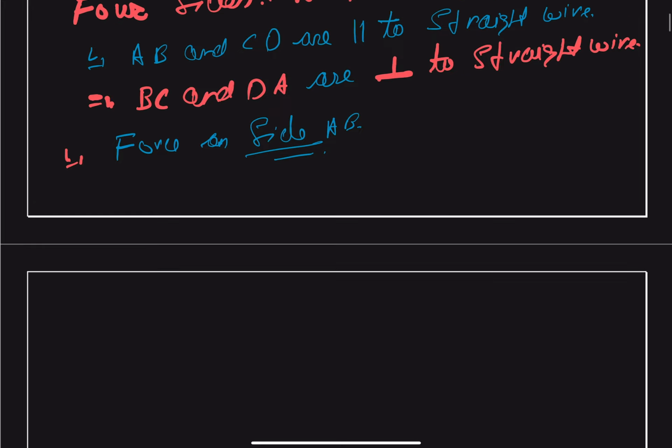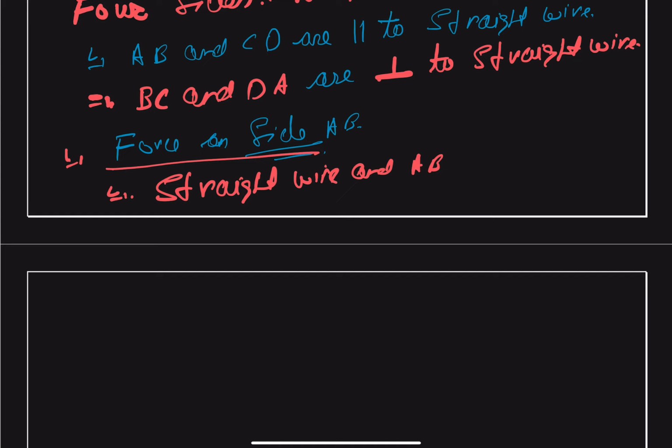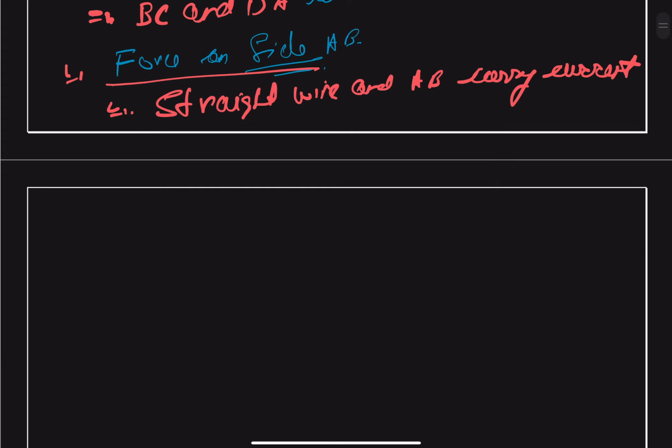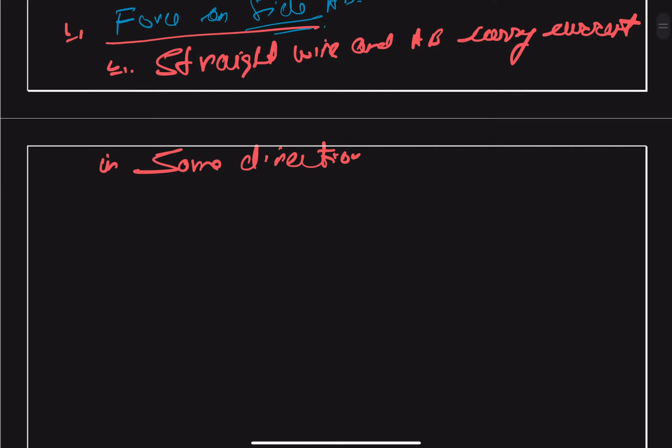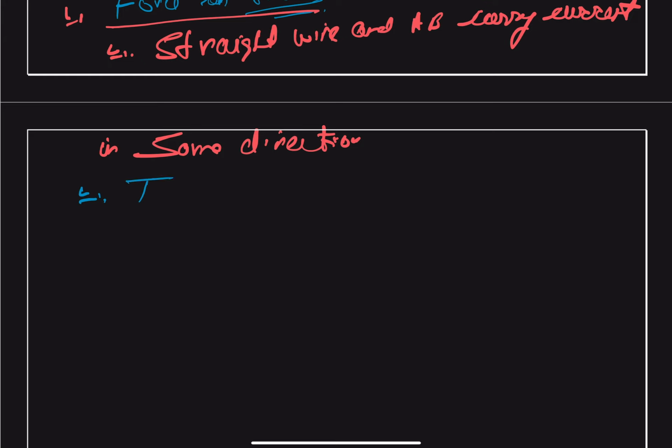You can say that the straight wire and AB carry current in the same direction, and therefore they attract each other.